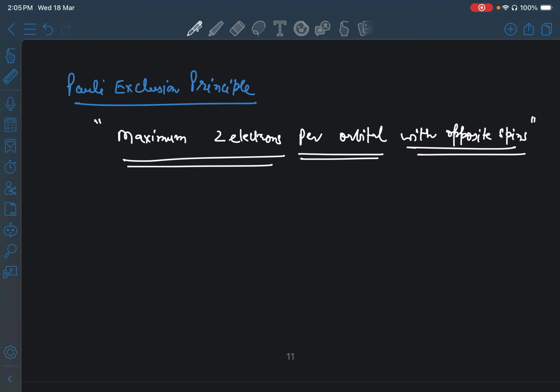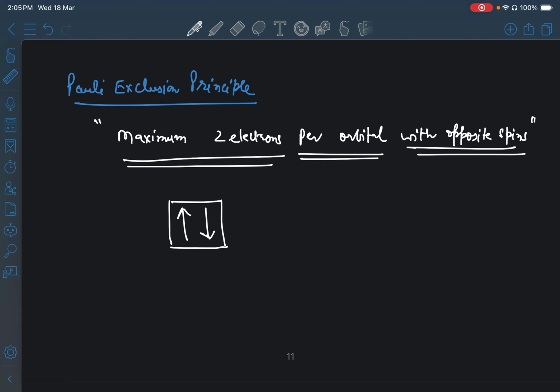Practically, this means same orbital, same energy, same position, spin must be opposite, right? That is why we write electrons like one with the up spin, one with the down spin, because no two electrons in the same orbital can have the same set of four quantum numbers. And this can be differentiated by having opposite spins.